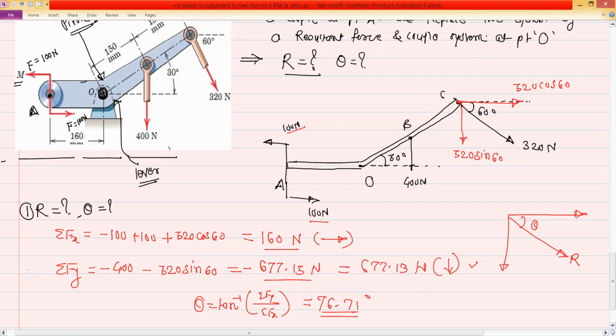So this is the first part of the question. We have to find out the resultant force. Now when we want to replace that system by a resultant force and couple system at point O, that means first we have to find out the distance of that resultant with respect to point O. We'll find that distance by using Varignon's theorem.